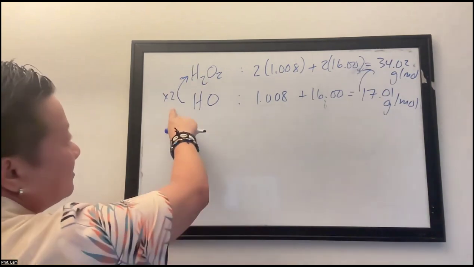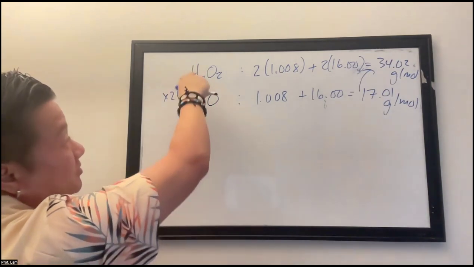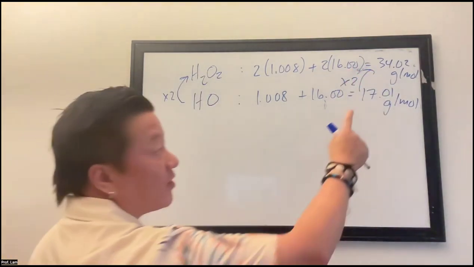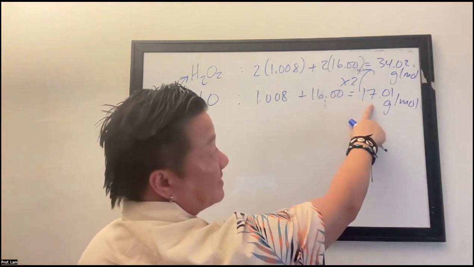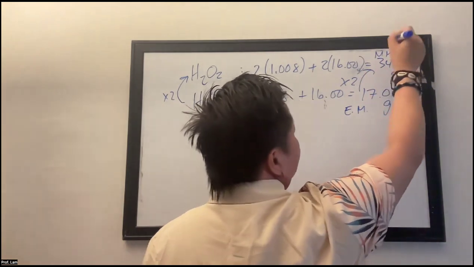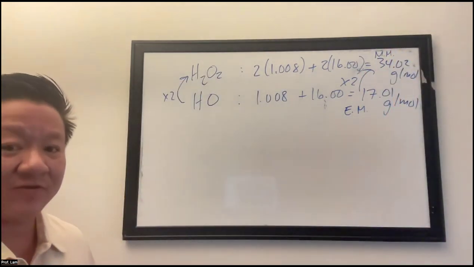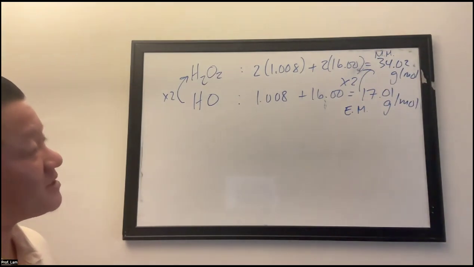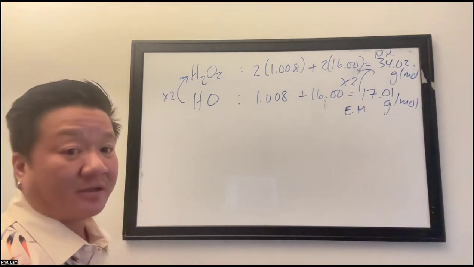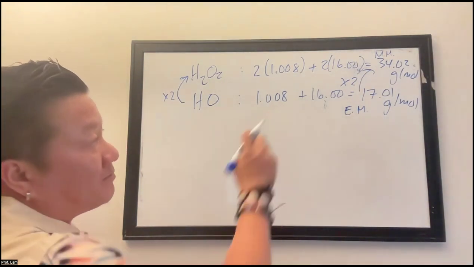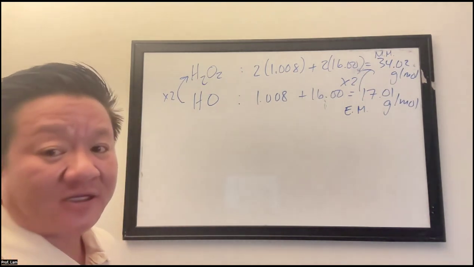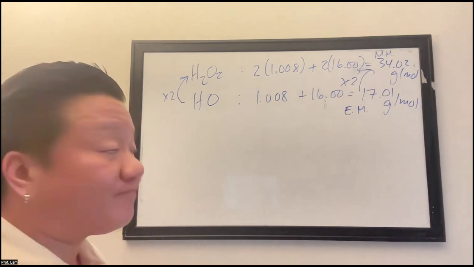So if it takes a multiple of 2 to get from the empirical formula to the molecular formula, it will also take a multiple of 2 to go from the empirical mass to the molar mass. It differs by the same factor. So if you keep this in mind, later on when we get to the part where we determine a molecular formula, this will come in handy. So again, just remember that they differ by a whole number factor.